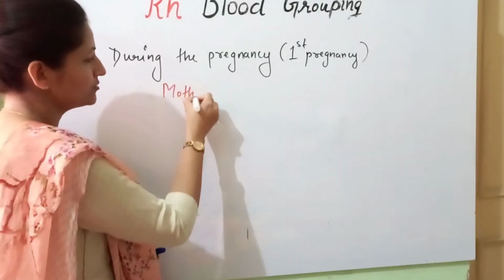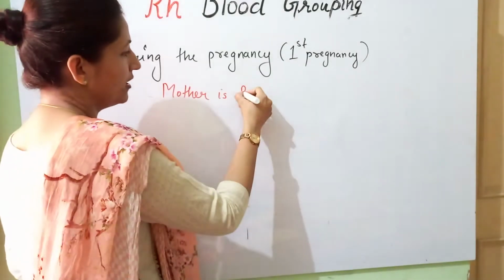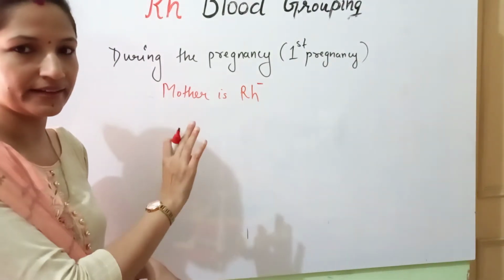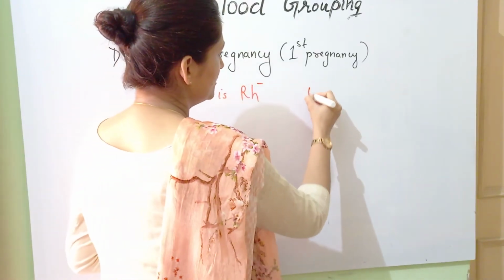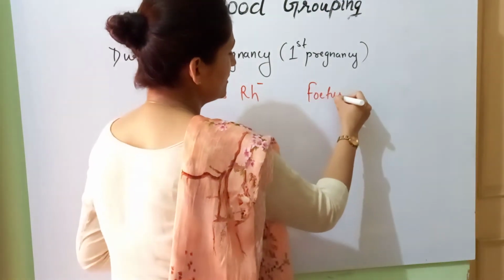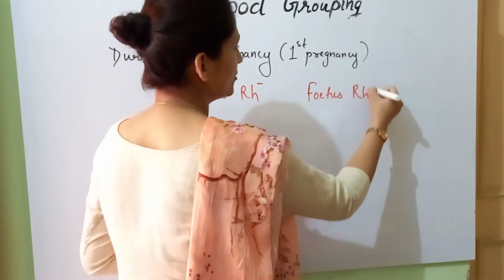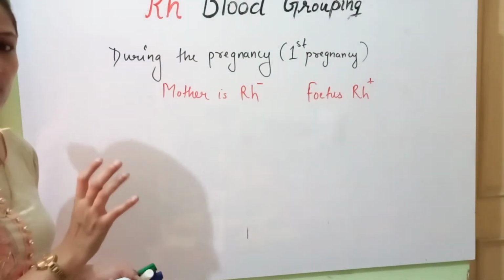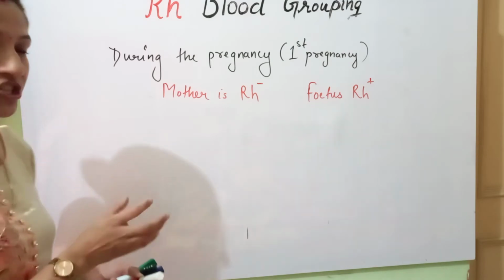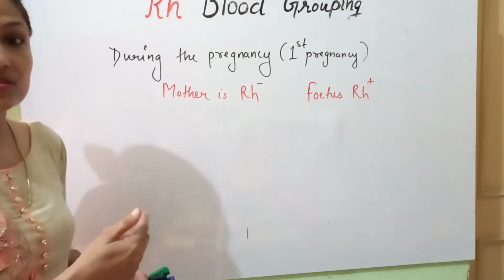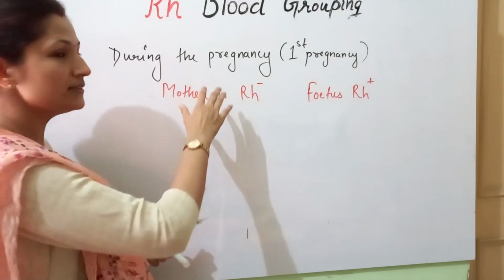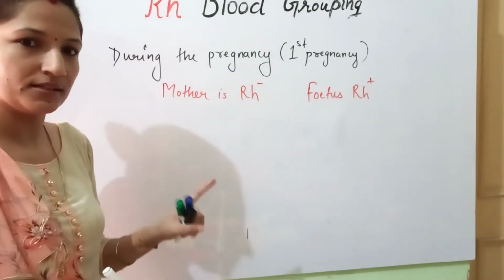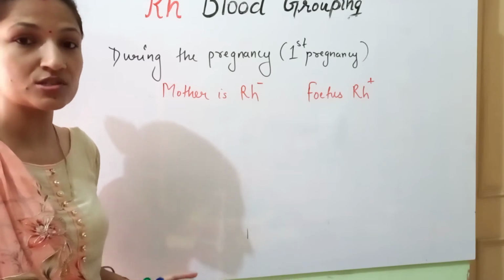That the mother is Rh negative, any of the blood group but negative, and the fetus is Rh positive. Okay, so if this condition is there, that will result in complications in the succeeding pregnancies. The first will be done easily, no complications will be there.